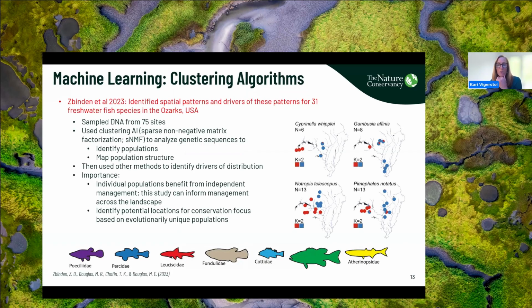And then, as I mentioned, we paired case studies to each of the subcategories. So you can start to see how AI is actually being applied and has already been applied to our assessments of ecosystems and biodiversity.